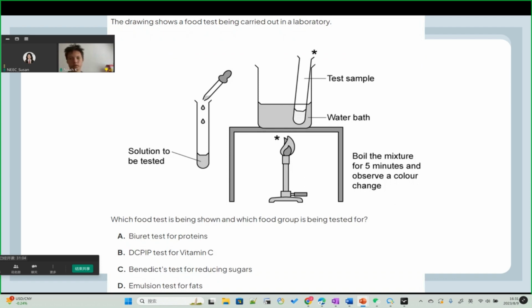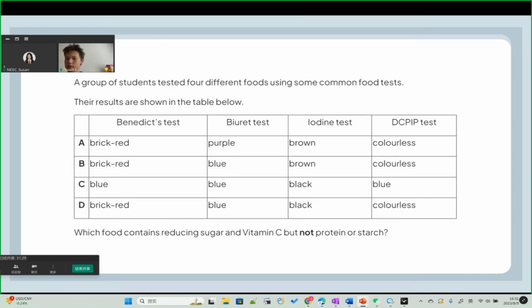How about this kind of question? I mean, it looks like biuret or Benedict's for reducing sugars. Why is it Benedict's? Because there's a water bath. Yep, very good. How about this one?